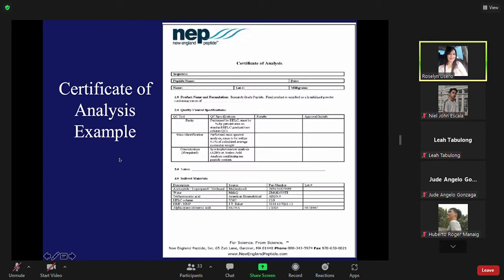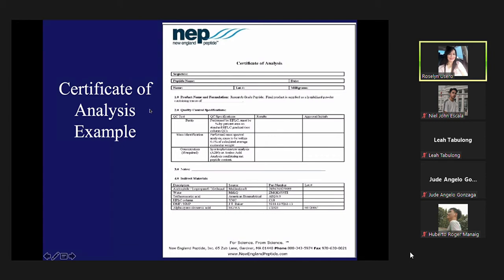Now, with the chemical upon delivery, may ara na dapat sang certificate of analysis. Kung ano ang compound, kung ano ang composition sang compound. Okay, so this is how the certificate looks like.